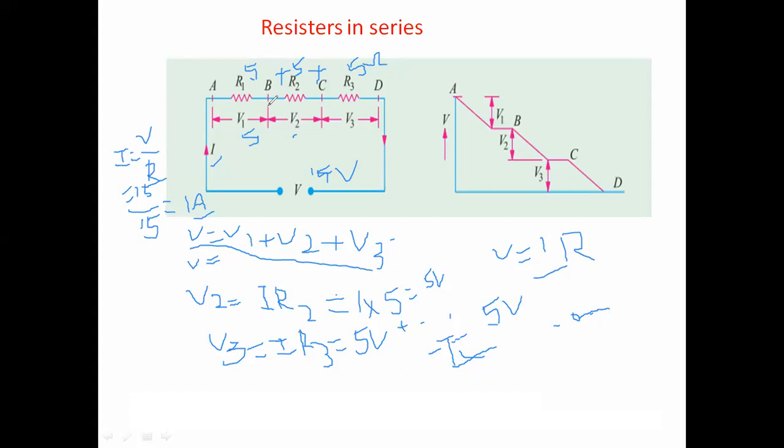Voltage decreases. Due to that we say V1 is the voltage drop, whereas V is the source, which supplies the voltage. Similarly V2 and V3. V1, V2, V3 are voltage drops. So the applied voltage is equal to the sum of the individual voltage drops. Clear?